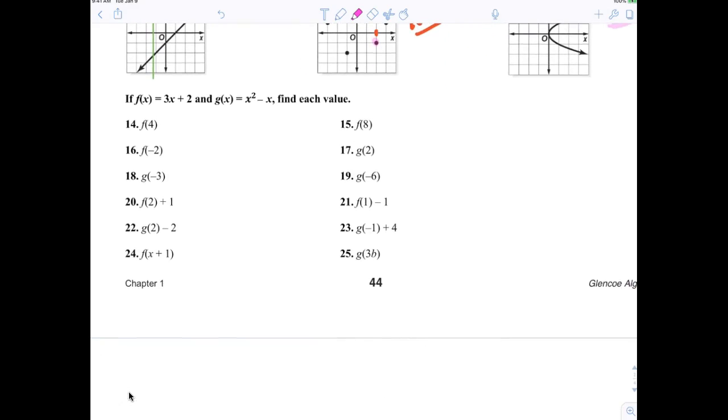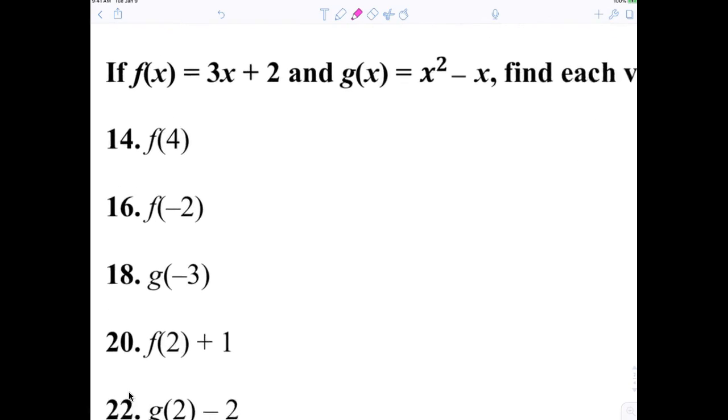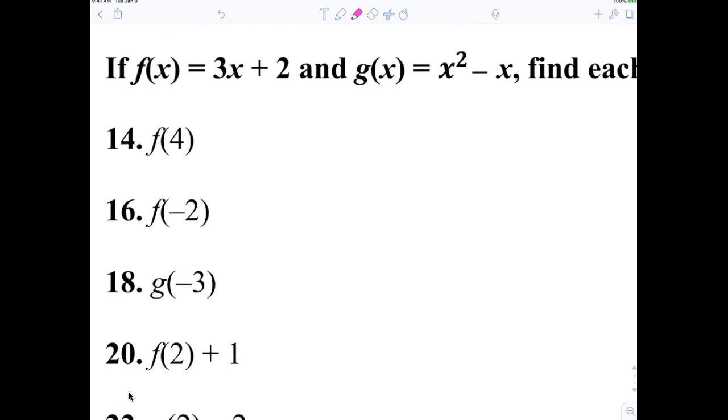This here. Now again, this is just called functional notation. So who remembers what I do with the 4? Tell me, Coleman. Put it in for x. Do I plug it into the f function or do I plug it in for the g function? The f. Why? Because it says f.